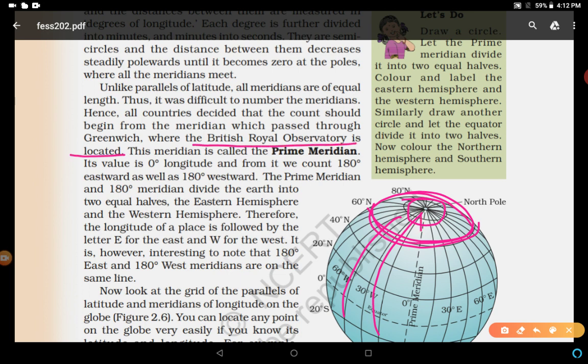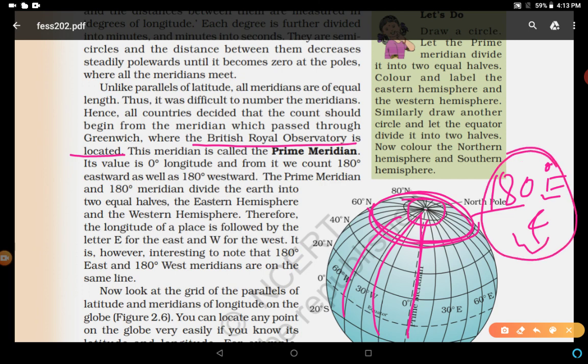So this prime meridian, see in this figure, is called the prime meridian. It has 0 degree longitude, and from it we count 180 degrees eastward as well as 180 degrees westward. And yesterday I told you that 180 degree east and west is the same line. Clear?